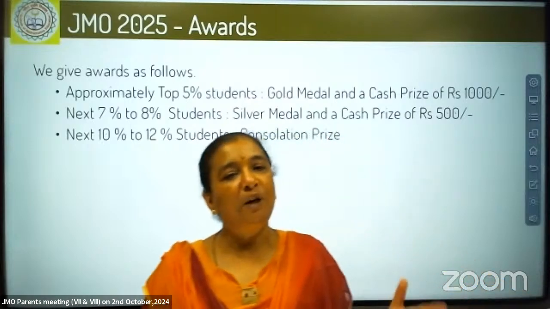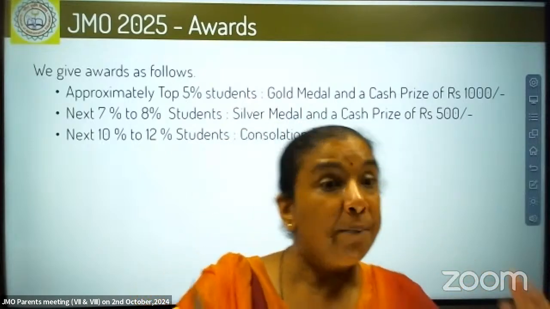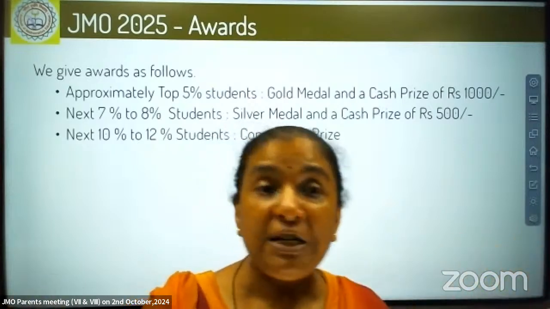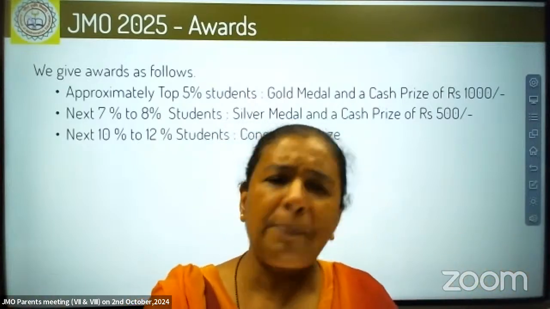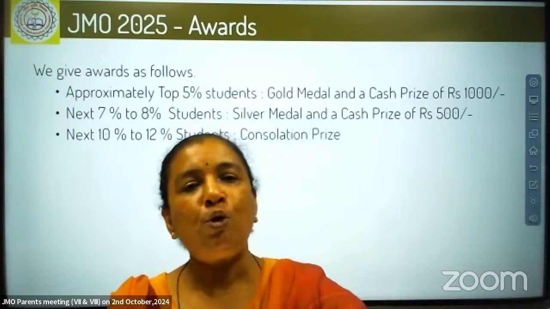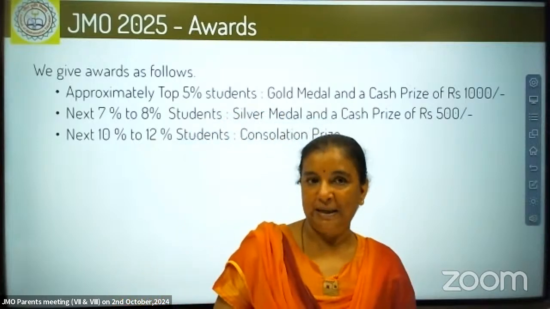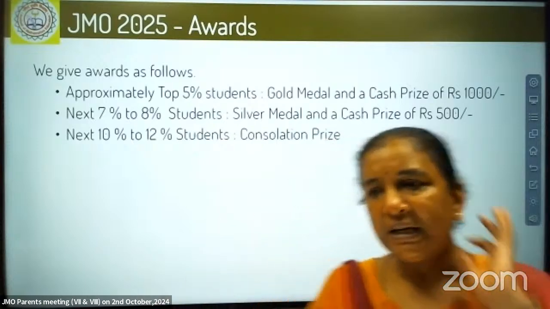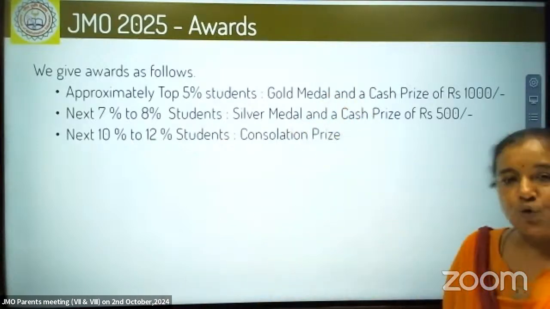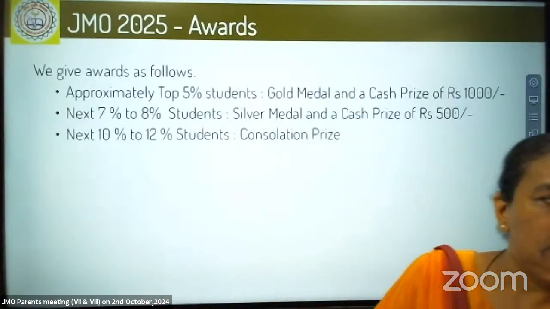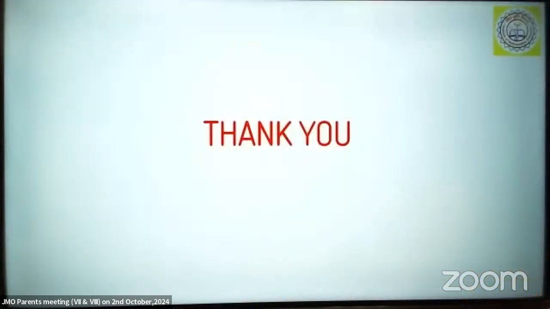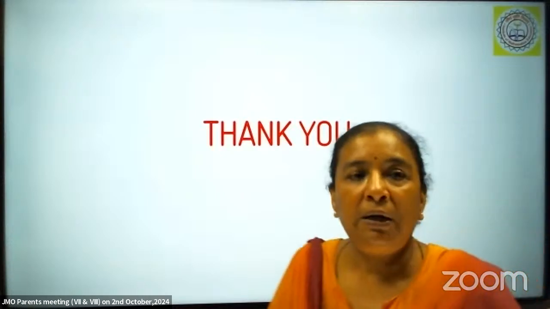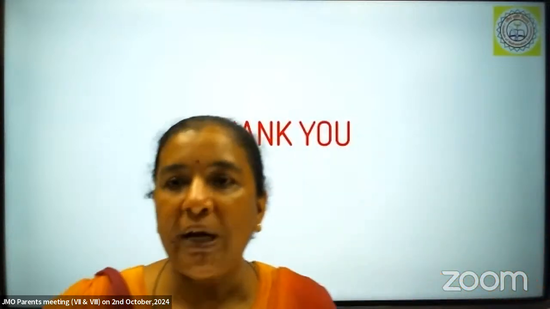It depends on the level of difficulty of the questions, the preparation of students, how many of them are really hardworking, and so many things. So there is no fixed cutoff of marks. I am talking about percentage. The top 25% of students get awards of one kind or another. So that was regarding the JMO exam, what this is all about.